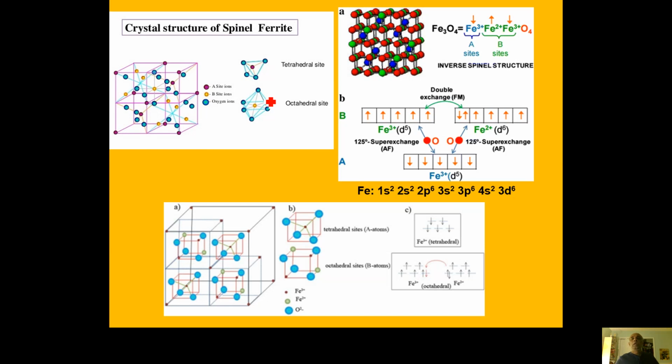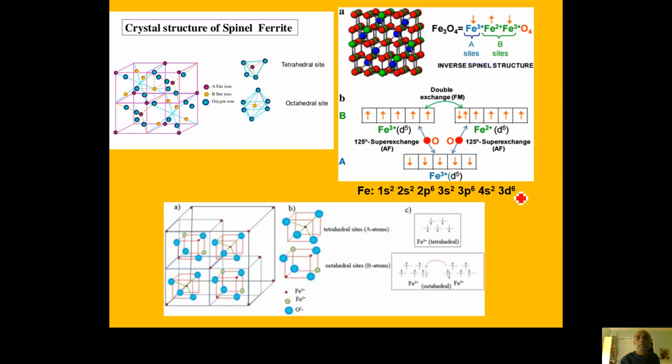So if you consider this iron, typically iron has this electron configuration, right? Going from 1s2, after 4s2 it actually starts filling the 3d orbitals, right?